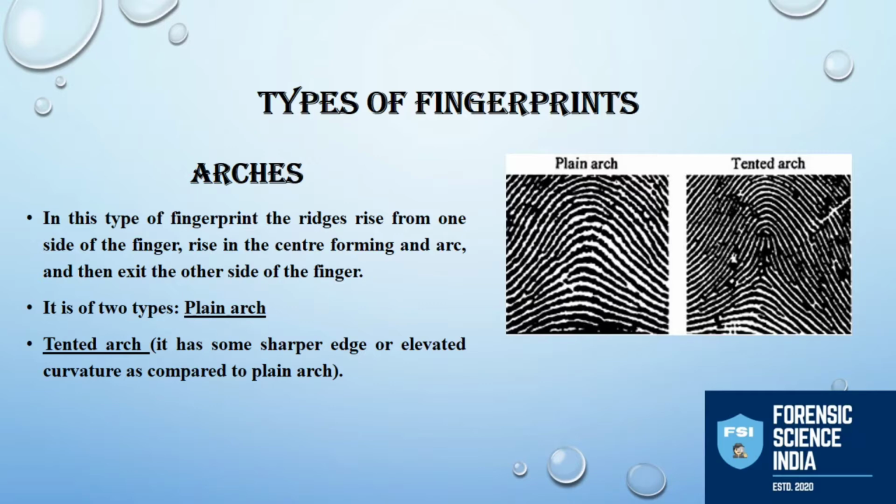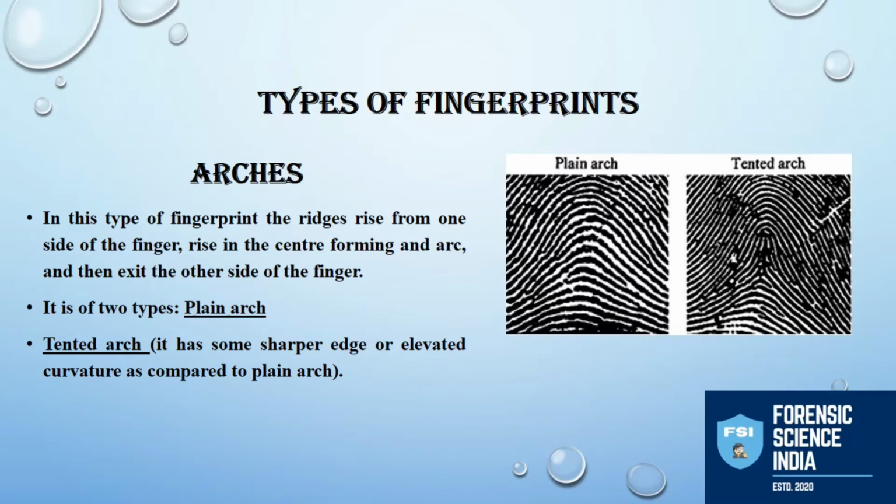It is of two types, plain arch and tented arch. In case of plain arch, it is a normal formation of ridge, that is, a ridge comes from one side, rises in the center forming an arc, and then leaves from the other side. But in case of tented arch, it is quite different from plain arch.